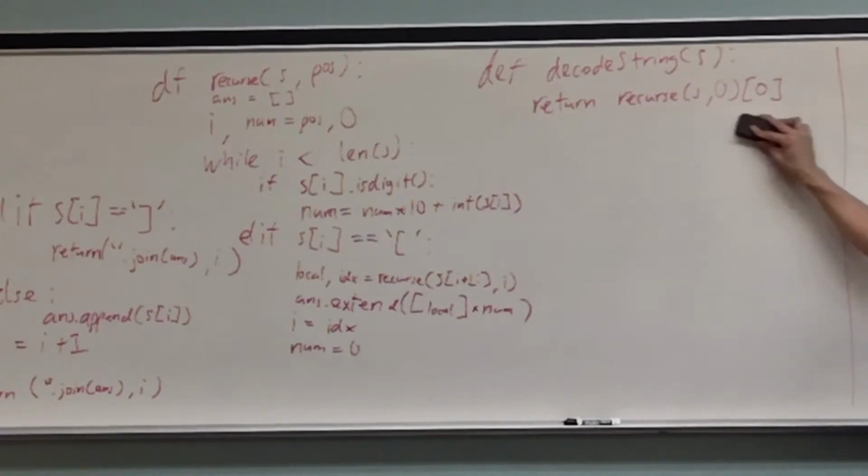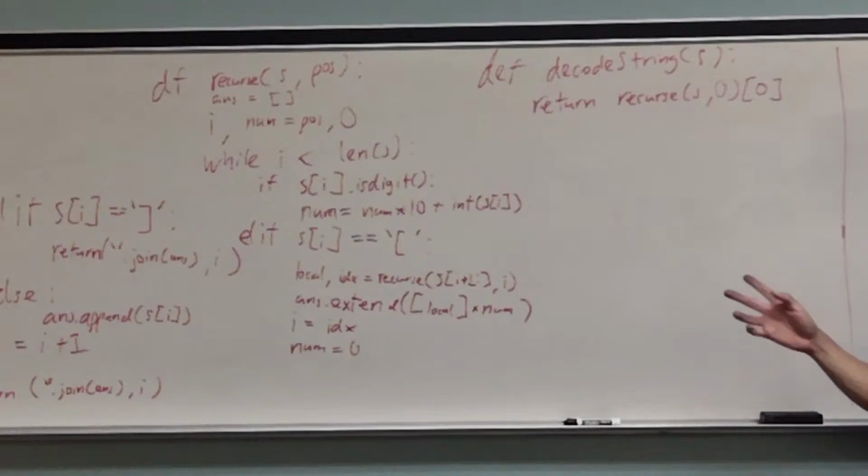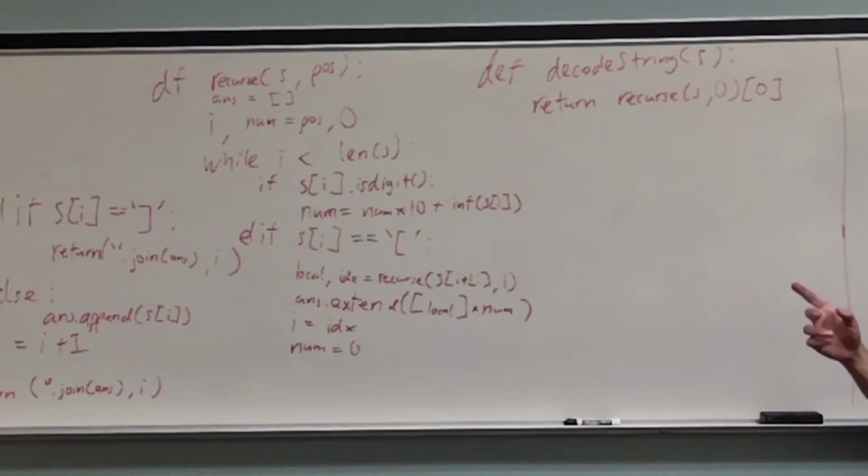The problem on LeetCode is called decode string, which involves recursion. There's actually another answer that does not require recursion, which actually makes it faster because it makes it less memory intensive.